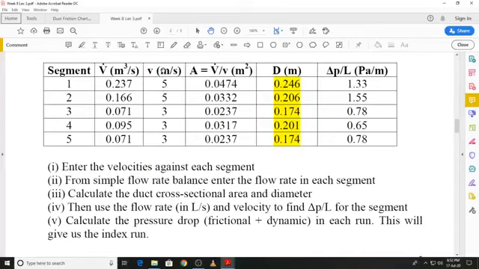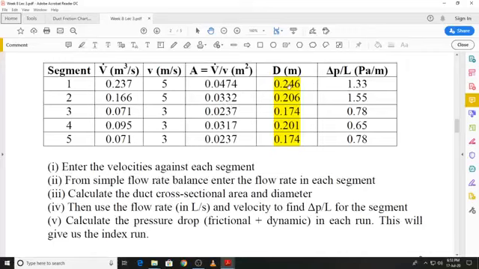So we will fill up the second column first, or we can also fill up the first column. Because we are given the flow rates, we can simply add those flow rates and get the flow rate at various parts in the duct layout. And as I said, once we have got the velocities and volume flow rates, it's quite easy to find out the cross-sectional area of the duct, which is listed over here.